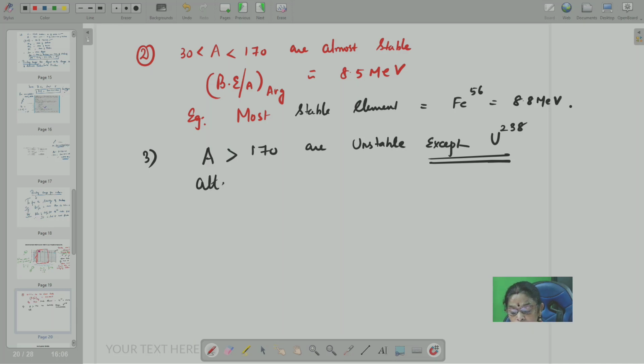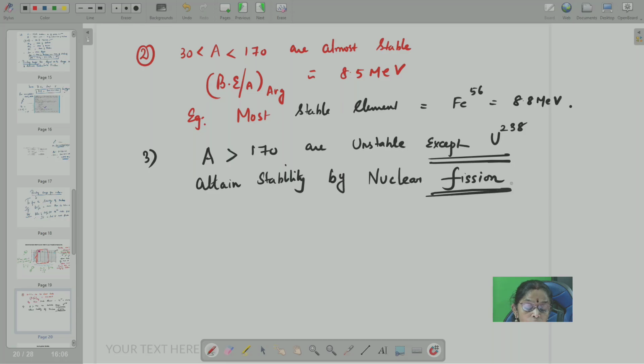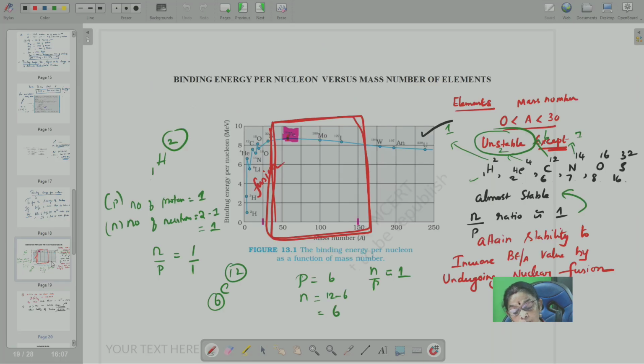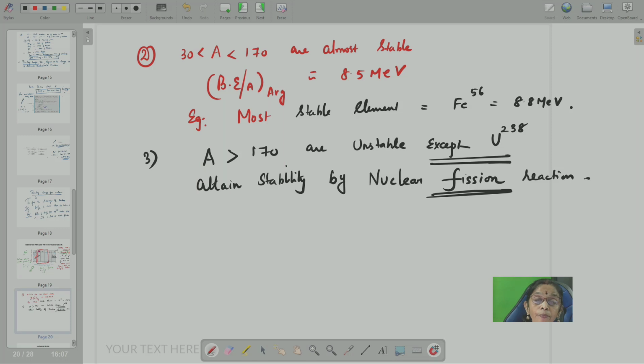They attain stability by increasing their binding energy per nucleon value, by undergoing nuclear fission reaction. There it is fusion, here it is fission reaction. So energy is released here.